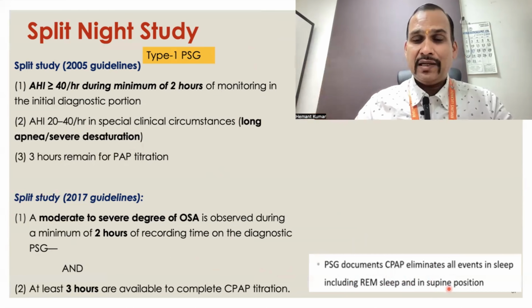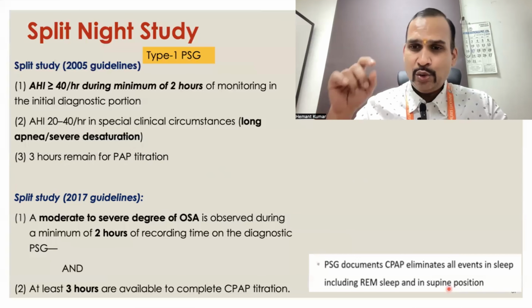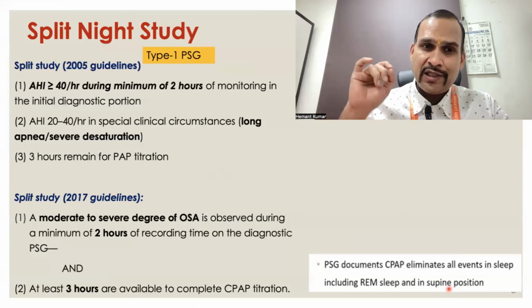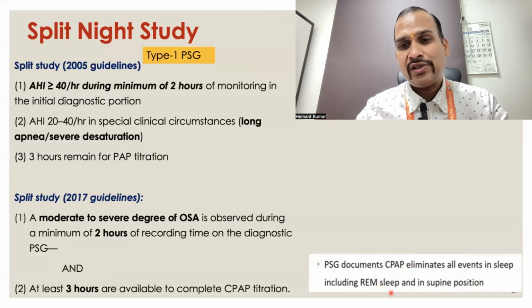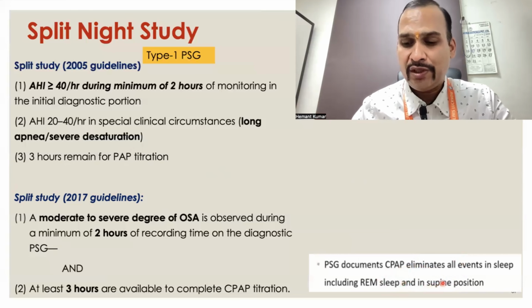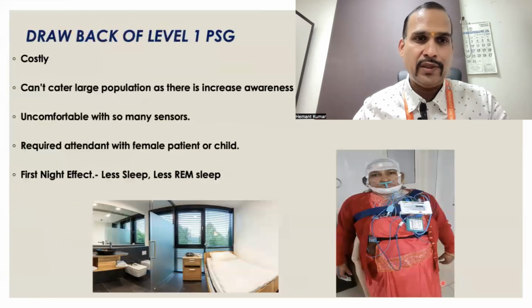If the patient has not slept in REM or supine position, then titration done without supine and REM will be inadequate titration, and we have to repeat on another day. So just remember, if you are considering a split night study, in the titration part the patient should sleep in REM sleep and supine position along with normal sleep.